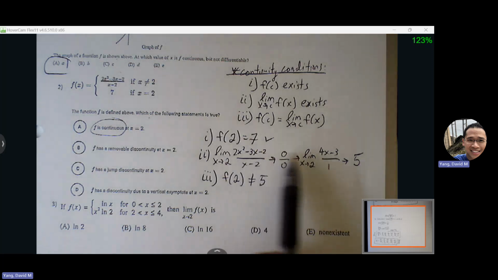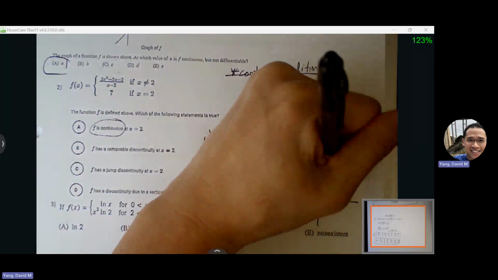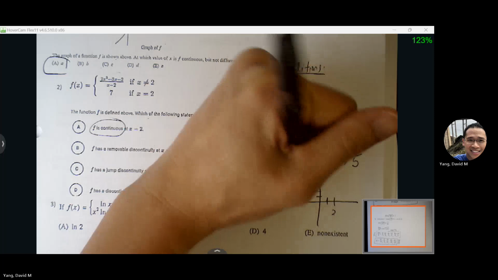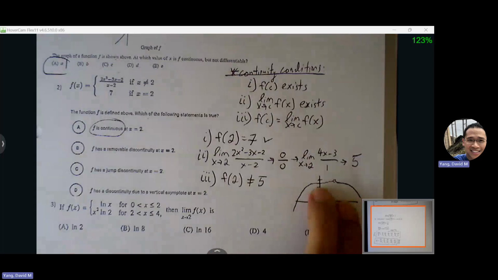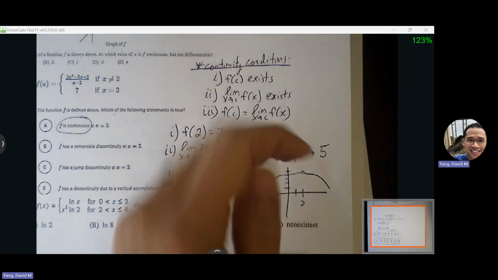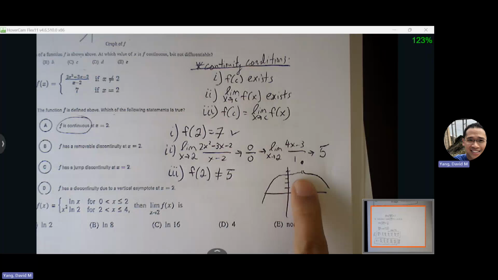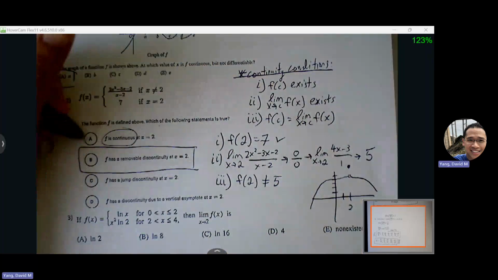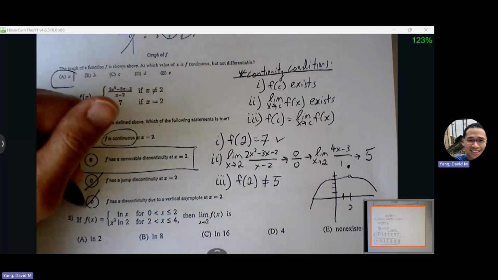But here, the limit exists, so maybe the graph looks something like this, where at 2, if the limit exists, that means the graph is going to connect to that point from both sides, but it just so happens that the ordered pair is living up here at (2, 7). So what type of discontinuity is this? Yeah, removable. So not continuous, not a jump discontinuity, and not a vertical asymptote.